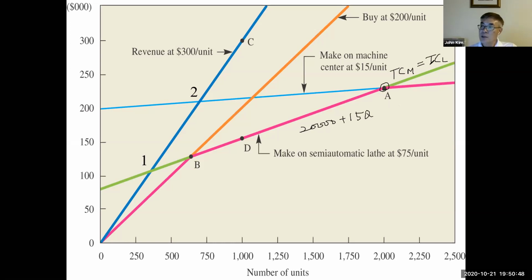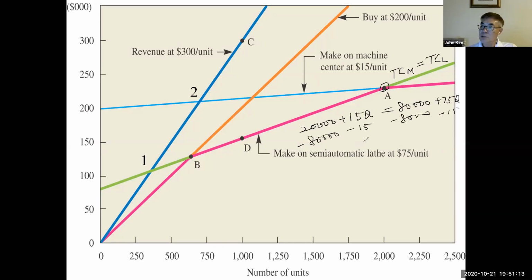And then second option, 80,000 plus 75Q. So simplify, minus 15Q each side, and then minus 80,000 each side.